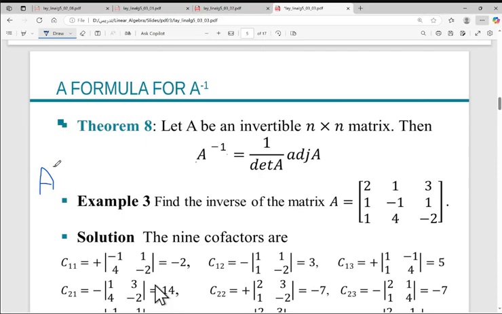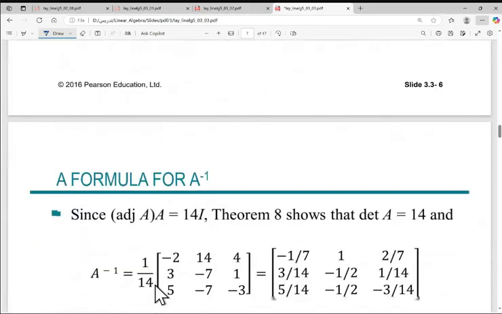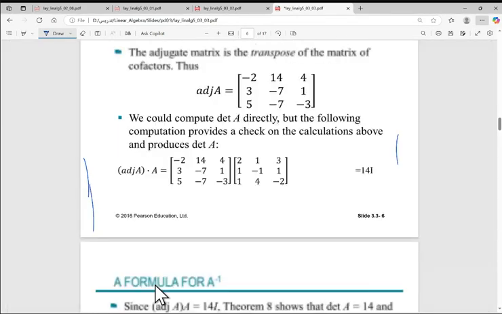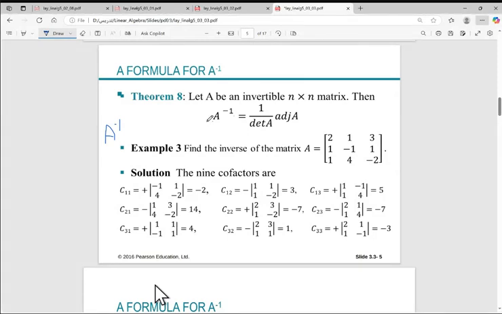You will have A minus 1 times A on the left, and on the right, 1 over determinant of A, adjugate of A, multiplied by A. So you have A minus 1 A equals 1 over determinant of A, adjugate of A times A. So then what does A minus 1 A give you?